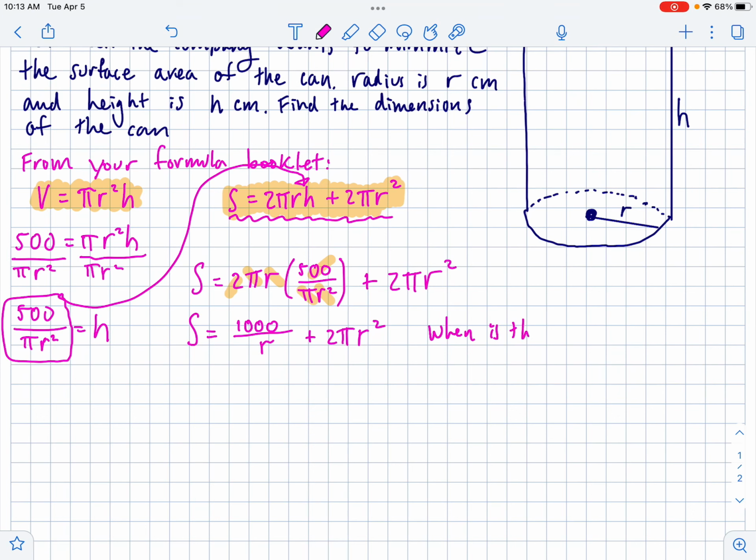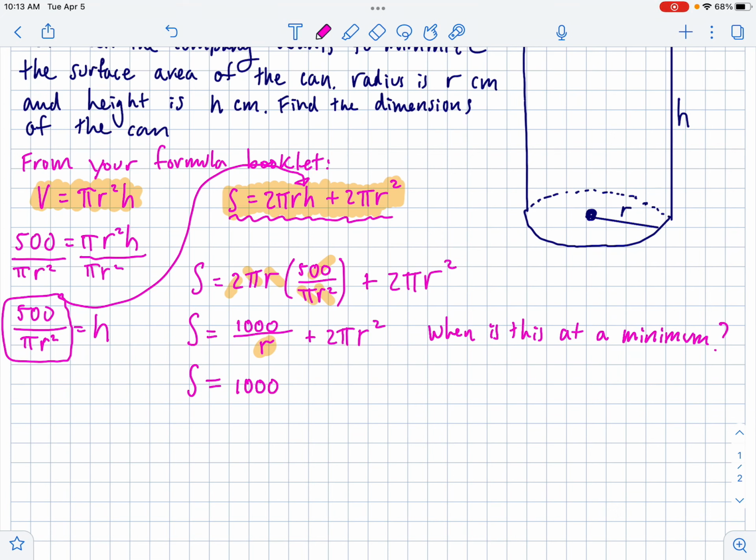Now, we need to find when this is at a minimum. This formula will be at a minimum when the derivative is equal to 0.